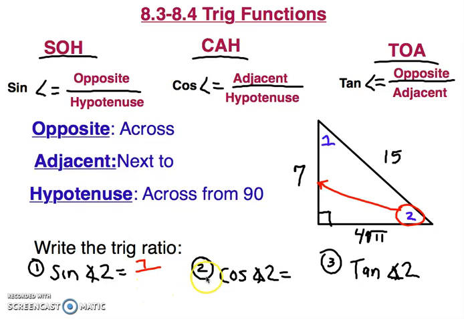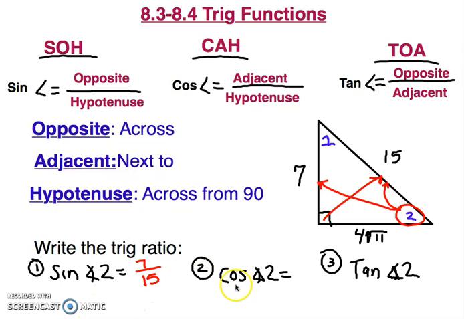That goes on top, and then hypotenuse is on the bottom. Hypotenuse is always across from the 90. So when we look at that triangle, the side across from 90 is 15. So the sine of angle 2, the ratio, would be 7 over 15.